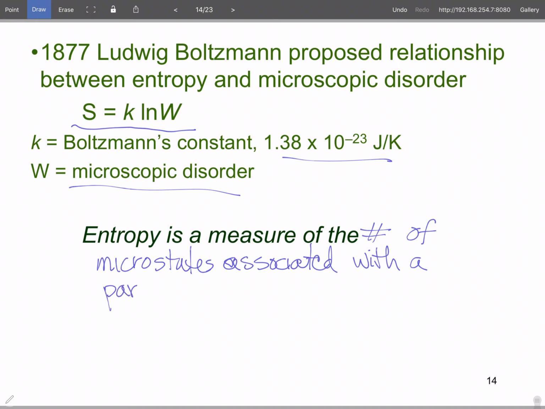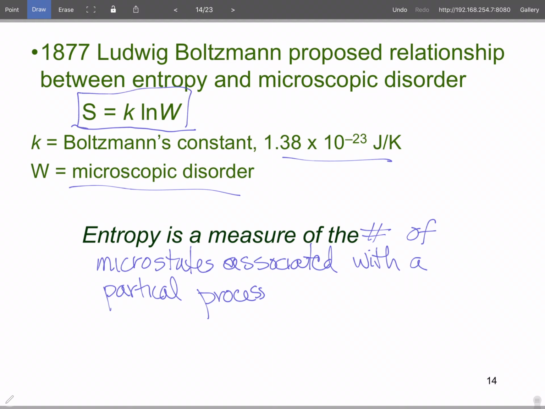So, for example, different processes will have different numbers of microstates. Now, microstates are really not that bad to look at. They're actually pretty easy. And if you're in Dr. Knuckles' class, she's probably going to spend quite a bit of time with this.